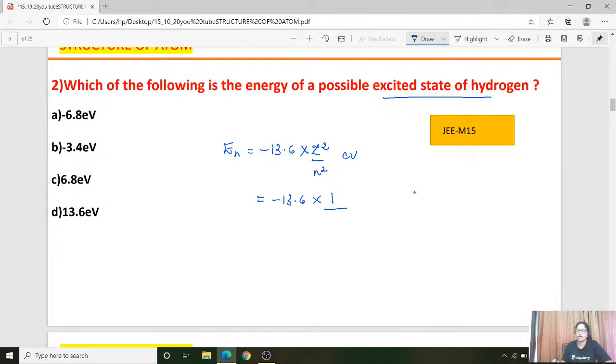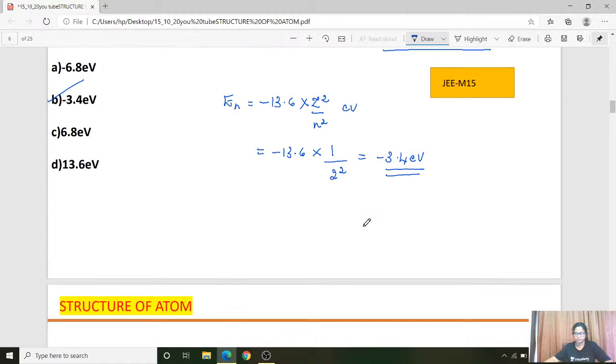Excited state of hydrogen, that means N will be 2, isn't it? So 2 square. So minus 13.6 divided by 4 and you are getting the answer as minus 3.4 electron volt. Very good student. The answer is option B, minus 3.4 electron volt.